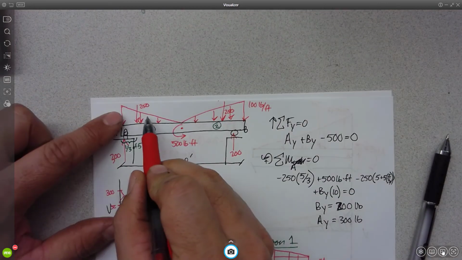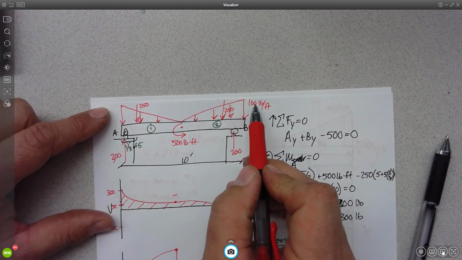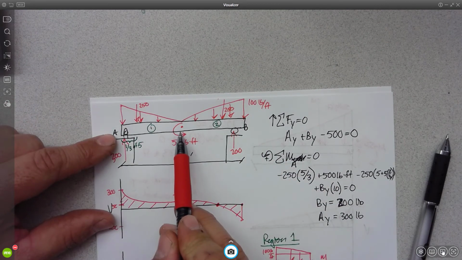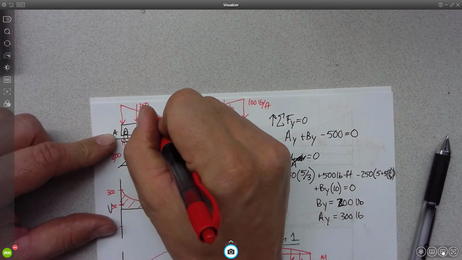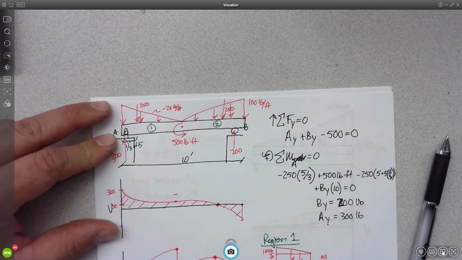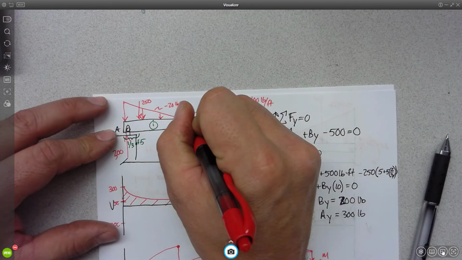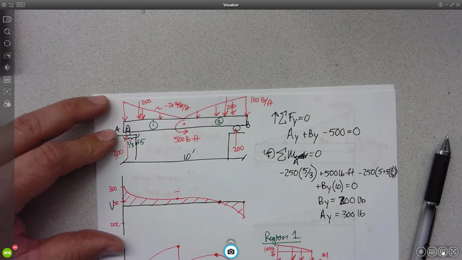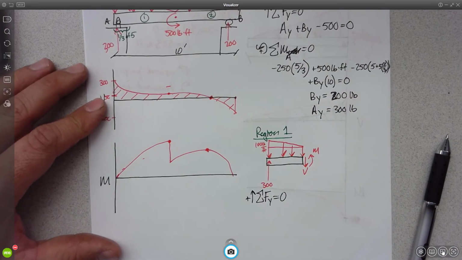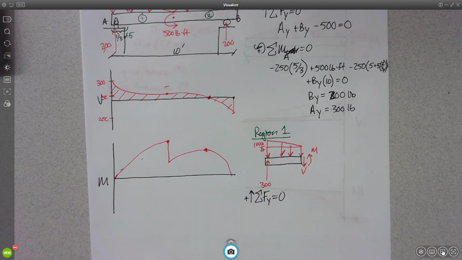What's the slope of this line of the distributed load? It starts at 100, and over 5 feet, it goes to 0. So this is negative 20 pound-feet. So sum of the forces in the y.